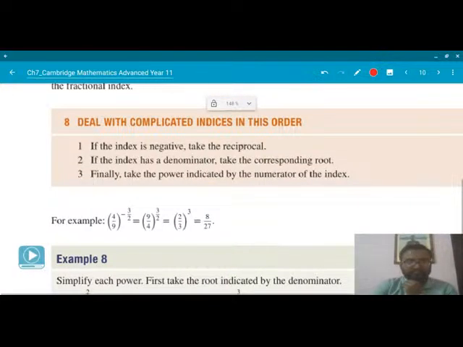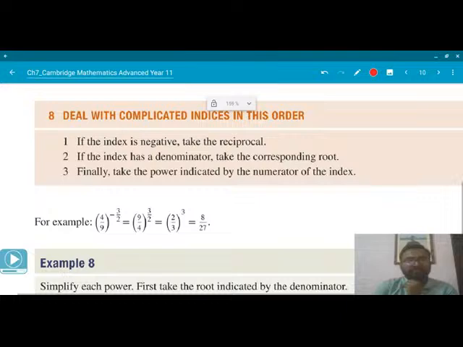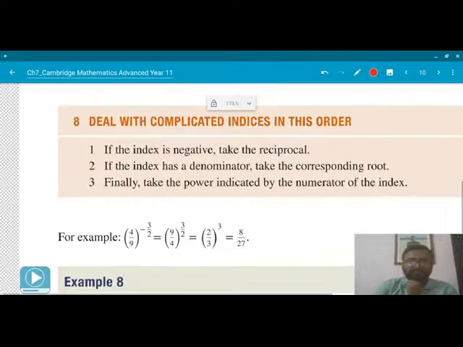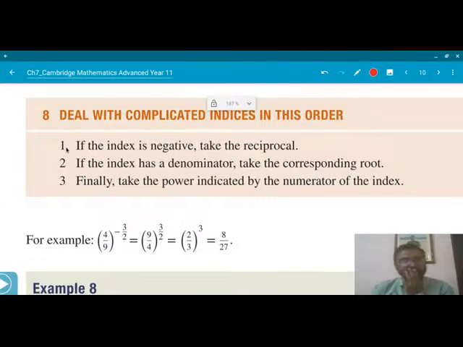So can you deal with complicated indices in this order? Please read up the first point. If the index is negative, take the reciprocal. Next, if the index has a denominator, like a power 3 by 2, it corresponds to a root, the square root.